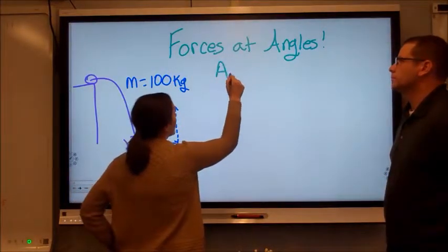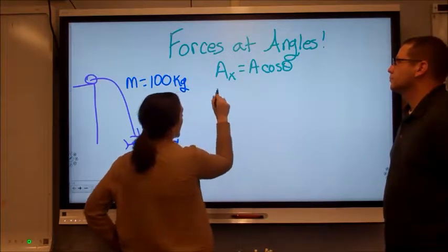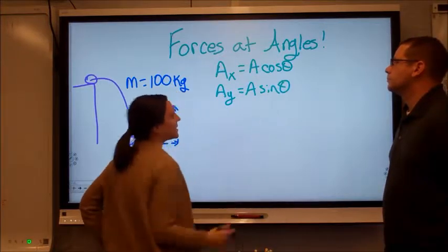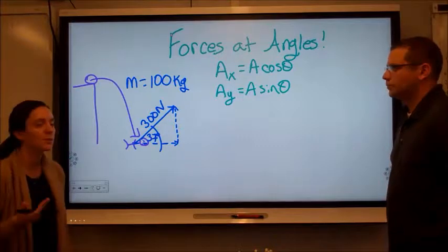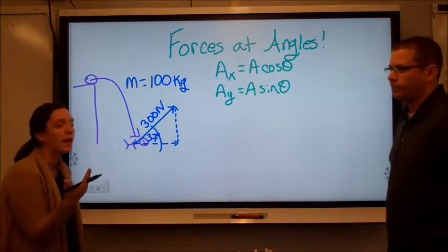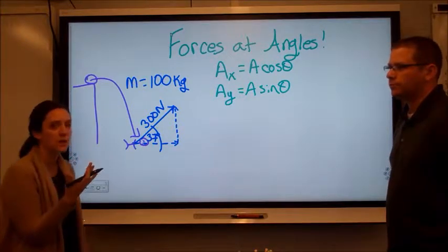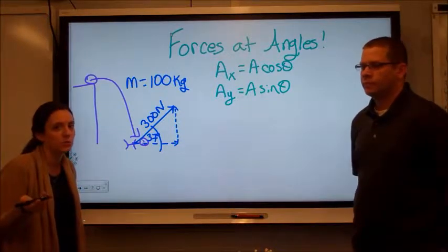So remember, we have Ax equals A cos theta, and Ay equals A sine theta. Now, A stands for any vector. When we talked about projectiles fired at an angle, we were talking about the velocity they were fired with, so we changed those to Vx equals V cos theta and Vy equals V sine theta. Well, now we're talking about a force.